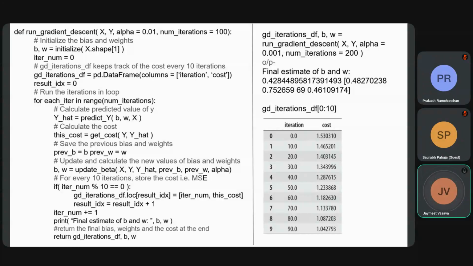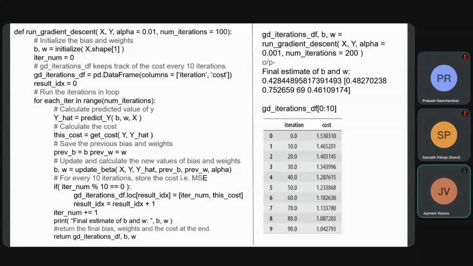When we use it, you can look at the top right of the screen. The data frame, bias, and weights are used for run gradient descent, with x, y, and an alpha value of 0.001, and the number of iterations we give is 200.